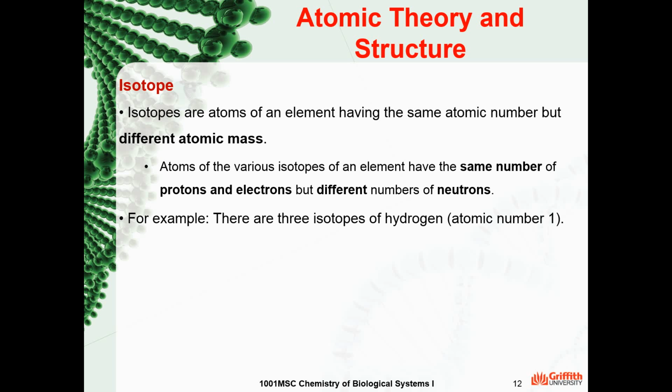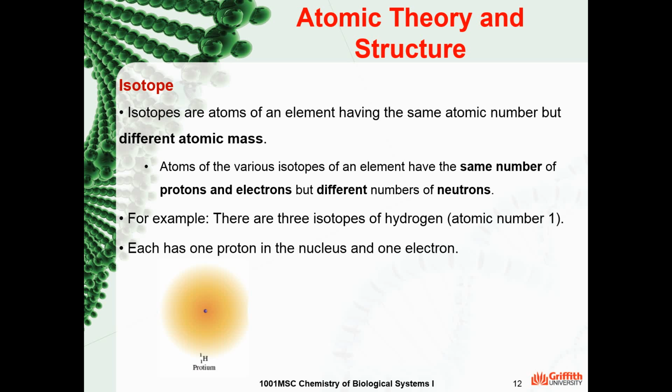For example, there are 3 isotopes of hydrogen. They all have 1 proton and 1 electron. The first isotope has 1 electron and 1 proton, but no neutron, so this hydrogen has an atomic mass of 1, the 1 proton plus 0 neutrons, and is called protium. Another hydrogen isotope that we find in nature has 1 electron, 1 proton, and 1 neutron.